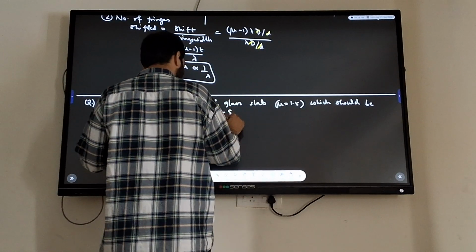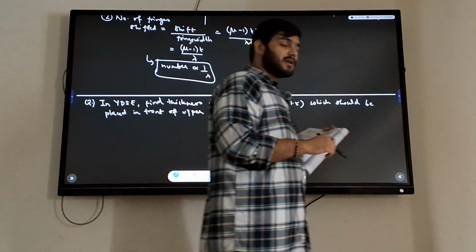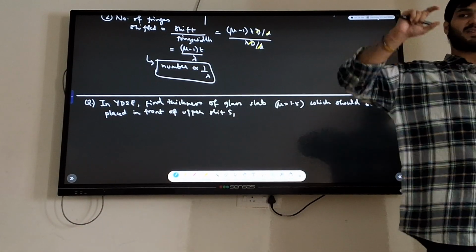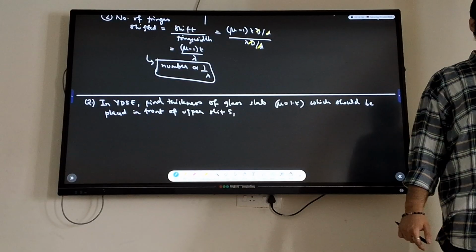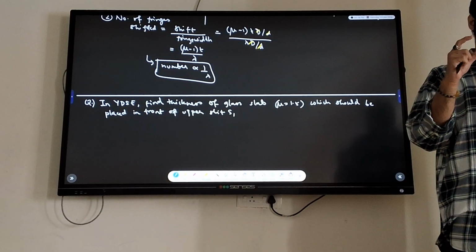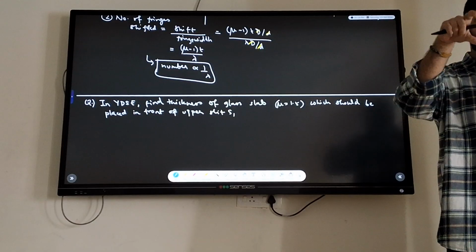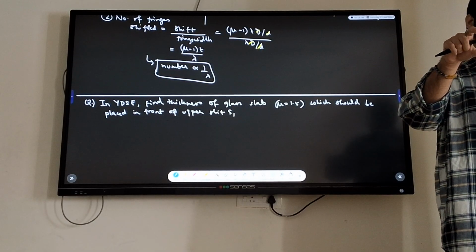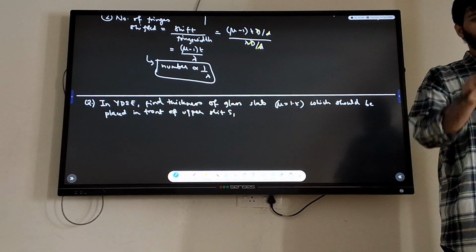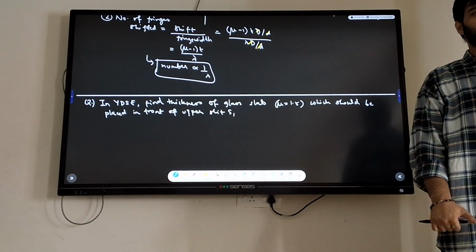I should also tell you this. We found the shifting when I put my slab in front of S1. So please be mindful that I have only put the slab in front of S1, the upper slit. What if you do it for the lower slit? What if you change and then put 2 slabs? What if you put 3 slabs? What will happen then?